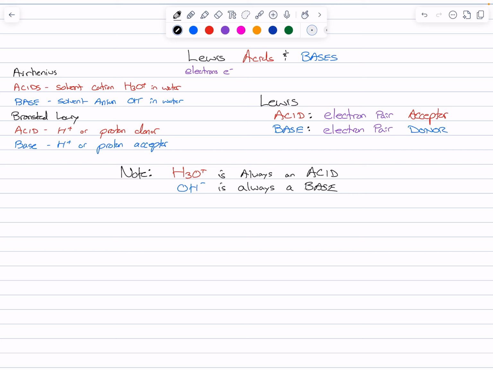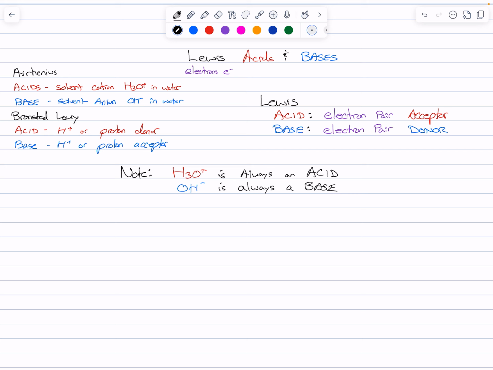Even in Gen Chem 2, it's still a big statement because we don't like to say always and never in science. So for us, that's a big deal. If you see hydronium, acid. If you see hydroxide, base. It doesn't matter how we're defining it.